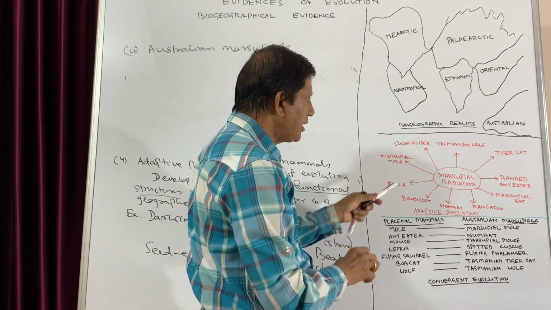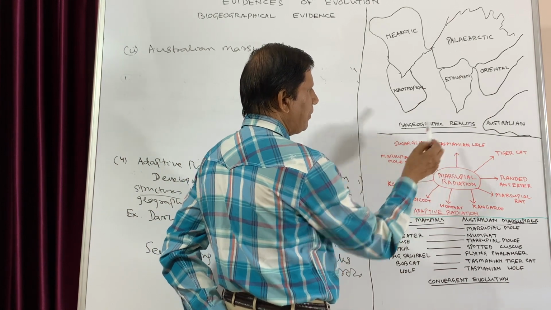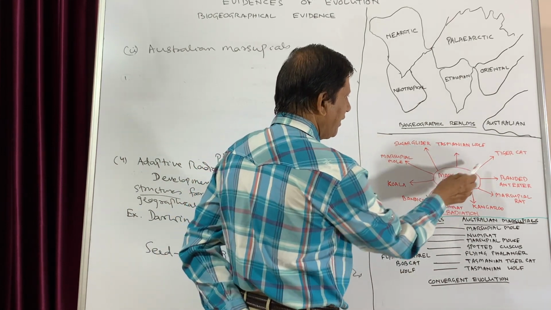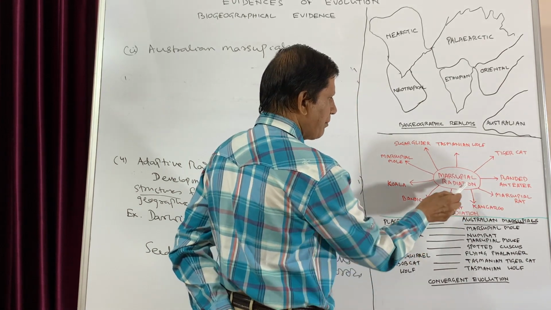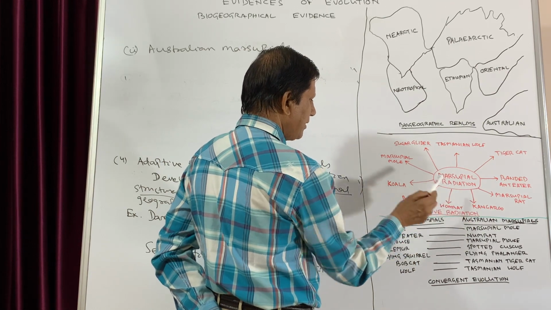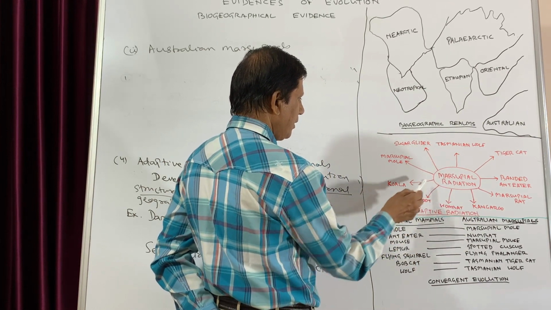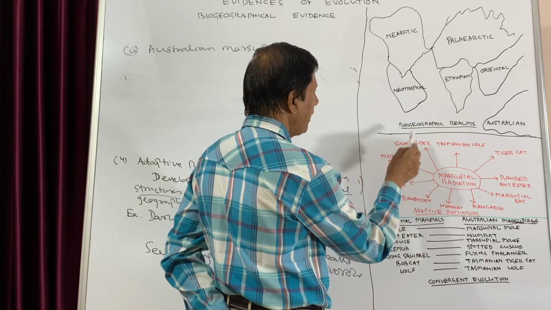From this Australian marsupials, Tasmanian wolf developed, tiger cat, banded anteater, marsupial rat, kangaroo, wombat, bandicoot, koala, marsupial mole, and sugar glider.